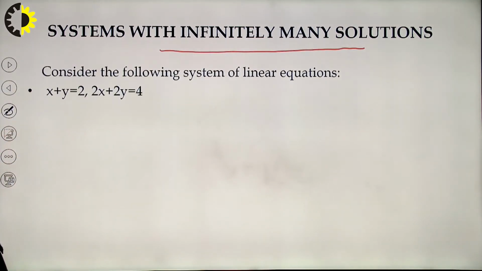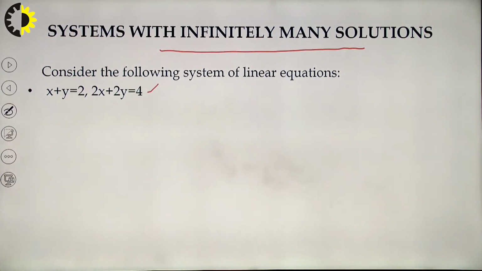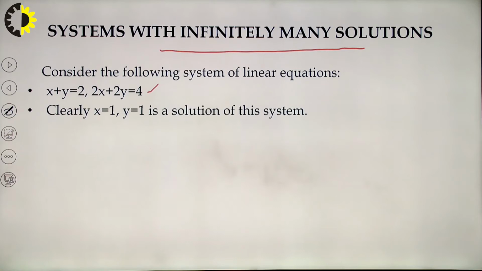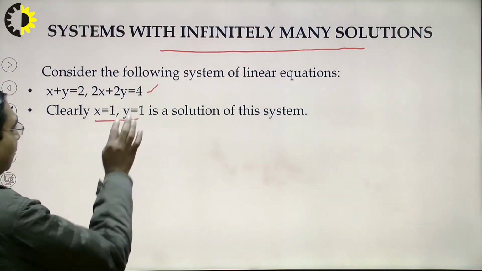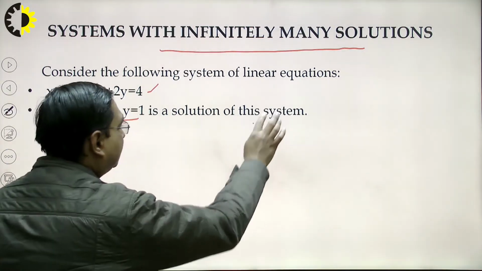Consider the following system of linear equations: x plus y equals 2 and 2x plus 2y equals 4. Clearly, x equals 1, y equals 1 is a solution of this system.